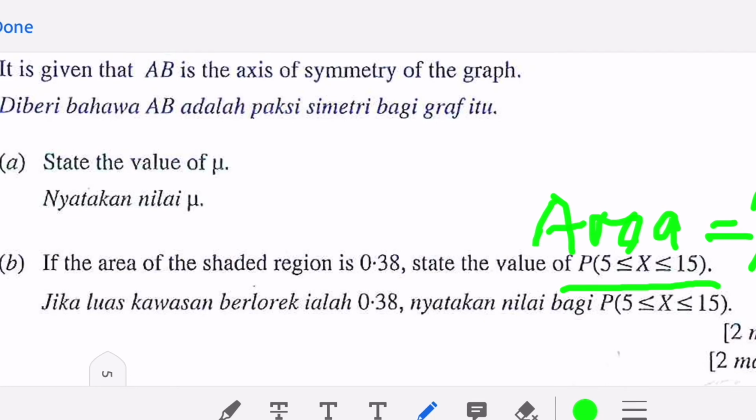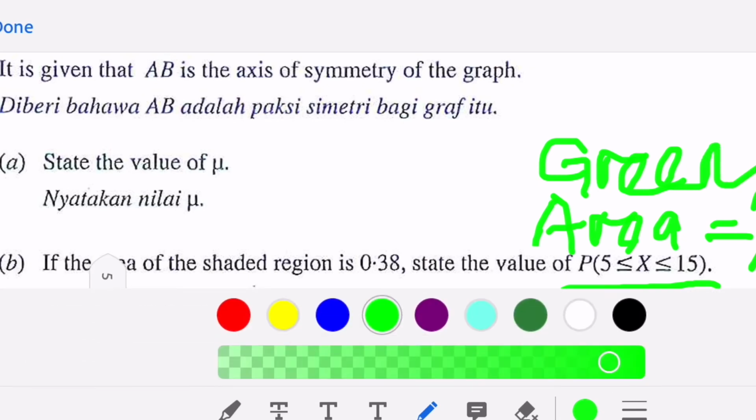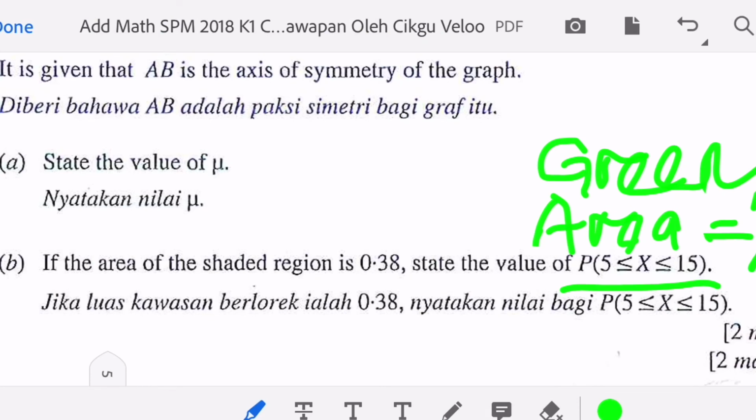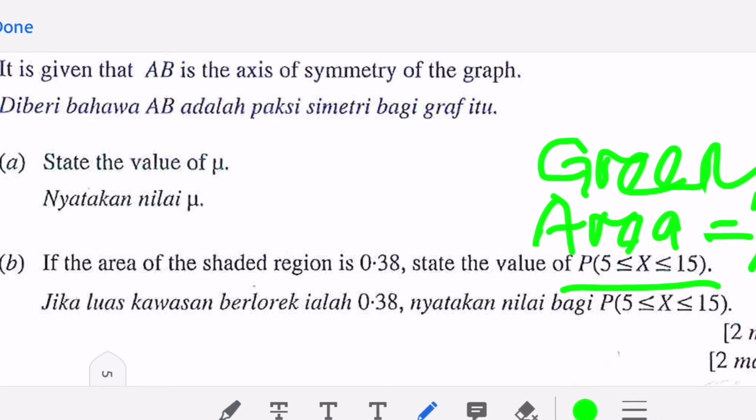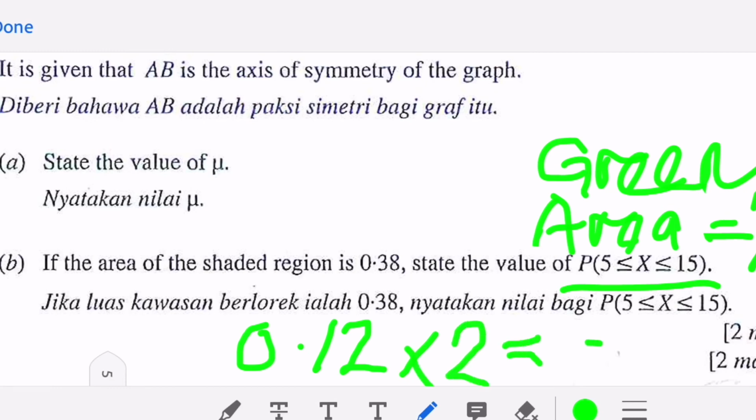Maybe you are a bit confused because sometimes you have x and sometimes z, right? The x is a measurable variable, something that you can measure, for example height, mass, weight or length. After you measure, you must convert to the z-score before you can refer to the probability distribution table to find the probability.